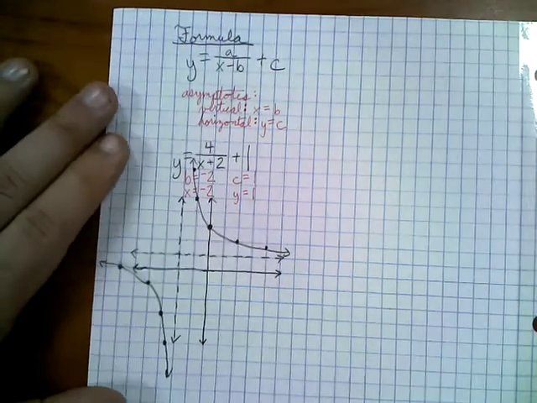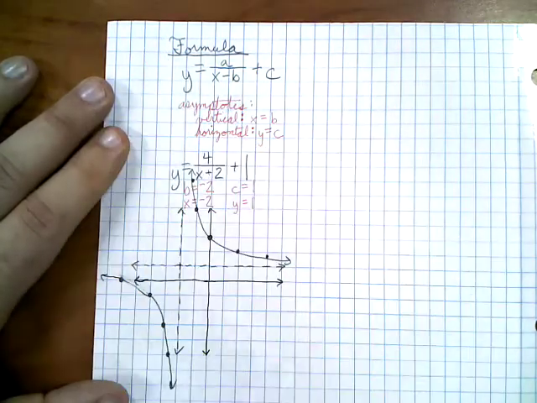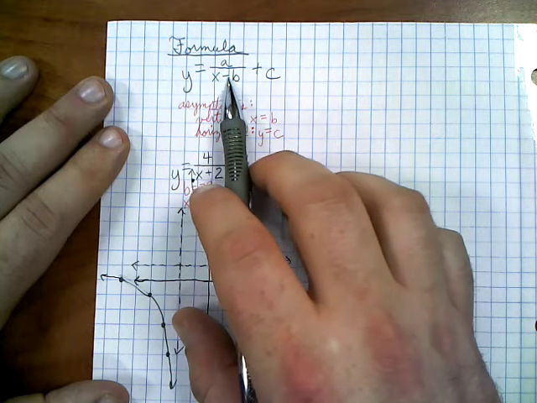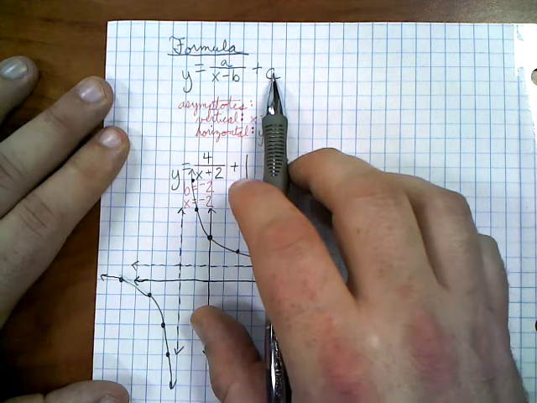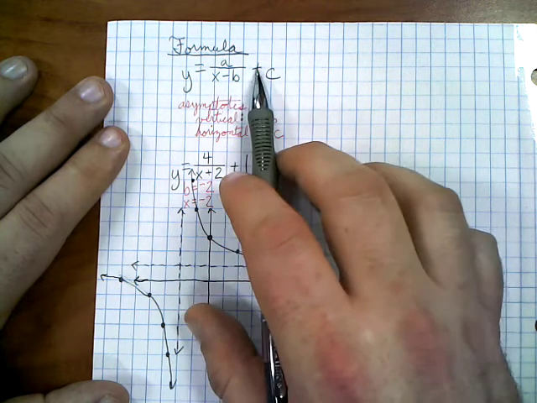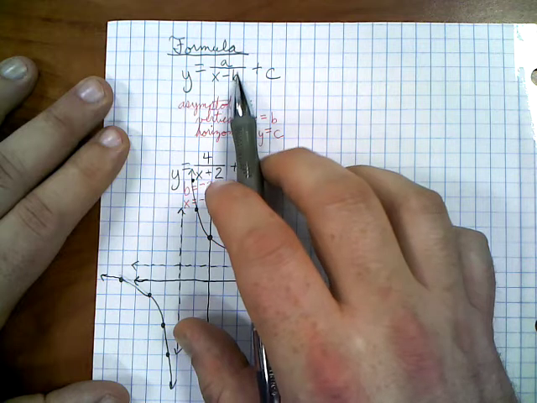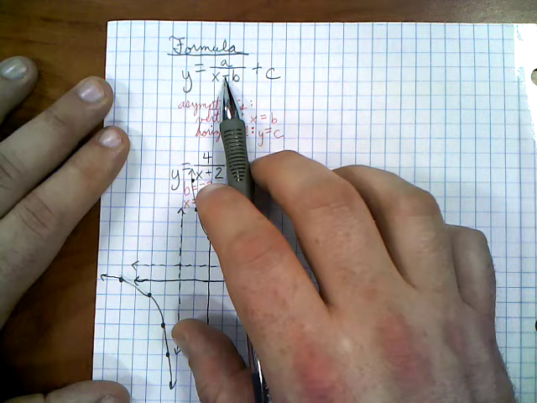And so in general, what we see here is the formula for a rational function, which is y equals a over x minus b plus c. And remember, ladies and gentlemen, that the minuses and the pluses really matter here. When we see a minus, in order to find the value of b, we have to think about this as subtraction.